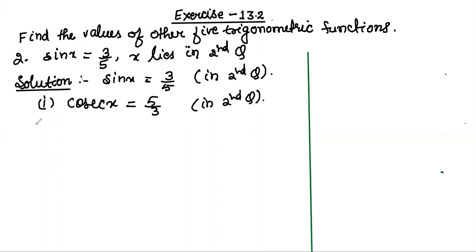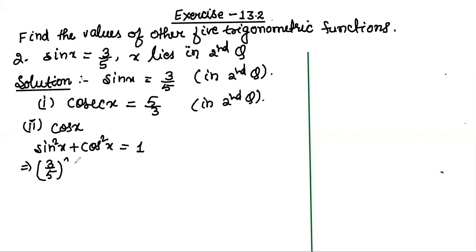Then we will find cos x. For finding cos x, we use the identity sine square x plus cos square x equals 1. So here we can apply 3 by 5 whole square plus cos square x equals 1. So cos square x equals 1 minus 9 by 25.